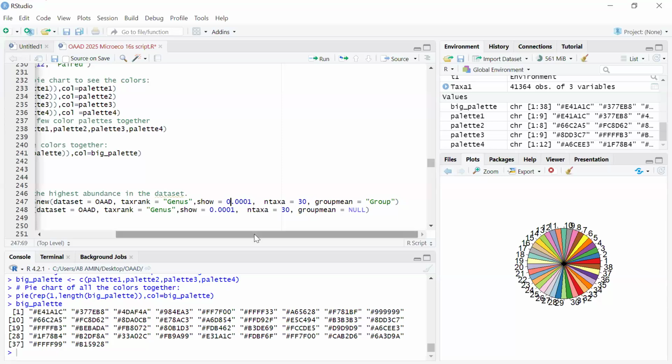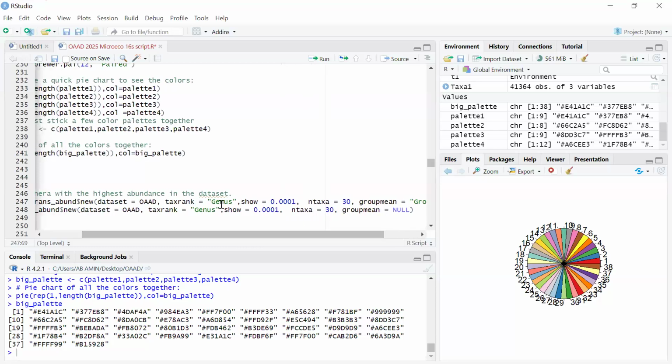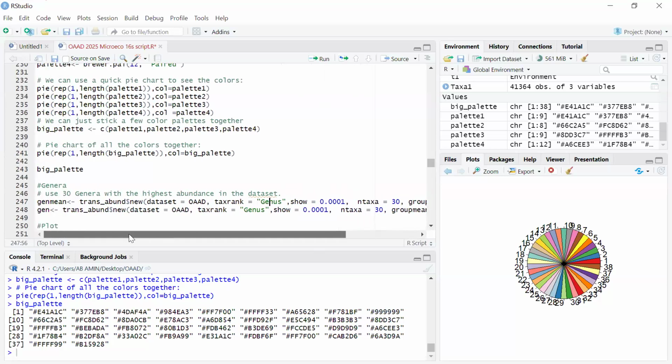Any taxa having lower than 0.01% will not be captured here. And the taxa rank for the abundance is genus. So this has to match specifically to our taxa file, the way it's written, genera or genus, whichever one, it should capture that.